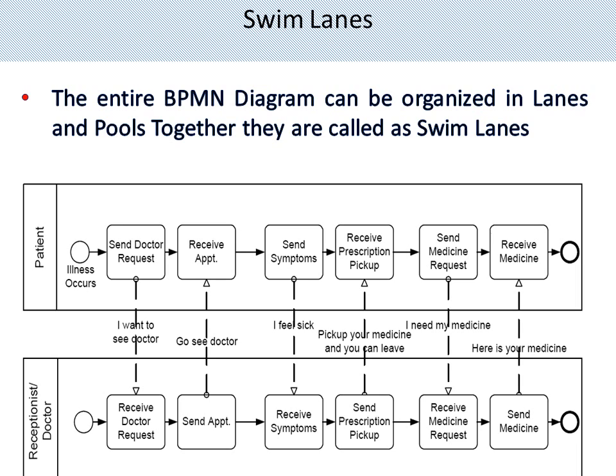So the process being followed by the patient and the process being followed by the receptionist and doctor is being shown in two different lanes. The two lanes put together are known as a pool. In BPMN, these are what we know as a lane and a pool.